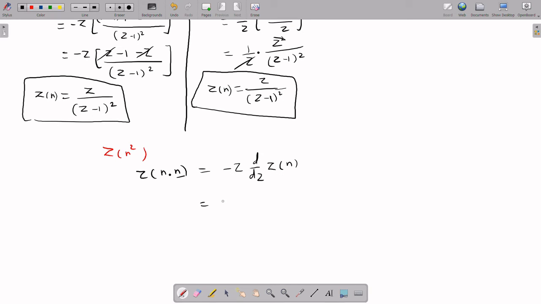which is equal to minus z into d by dz of what is z transform of n? We just now obtained the answer. So z by z minus 1 the whole square. Okay, so which is equal to minus z into, you have to differentiate this using u by v rule with respect to z.